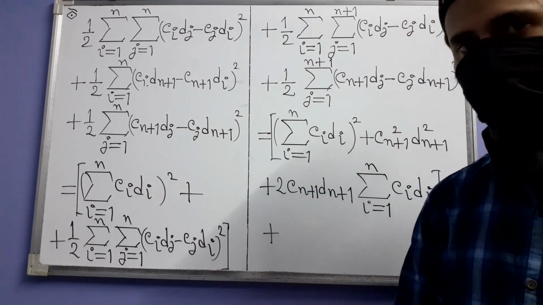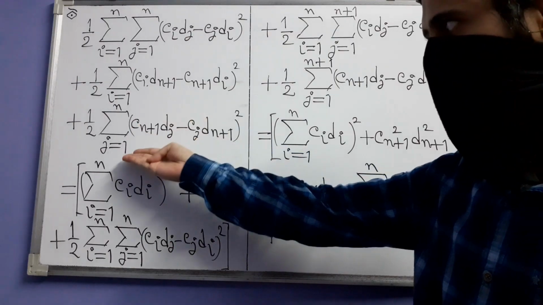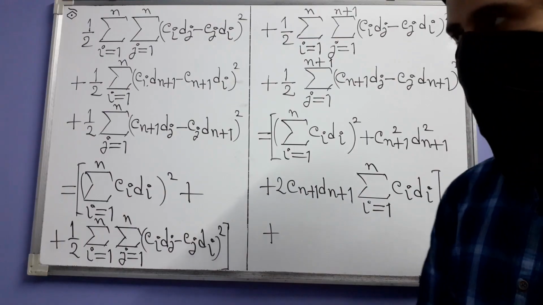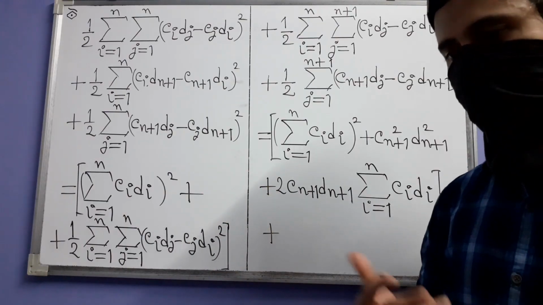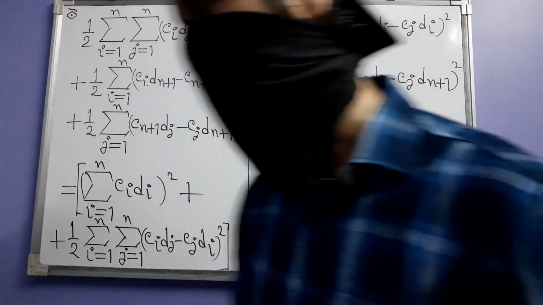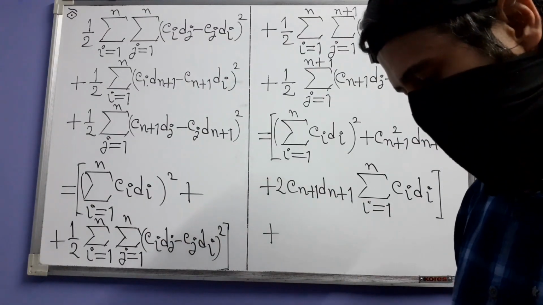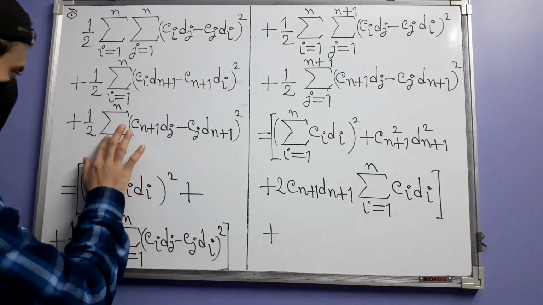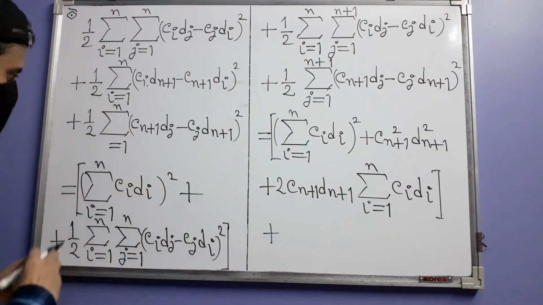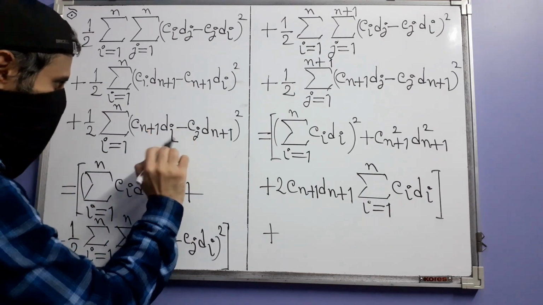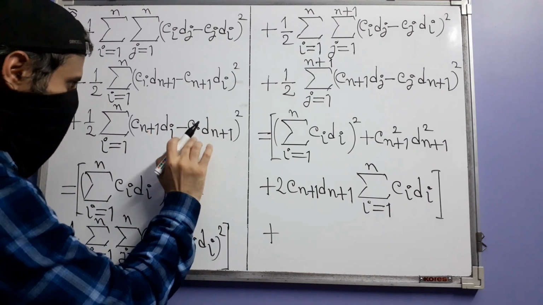Yes, that's not a big problem because the index in a summation is after all a dummy variable. It doesn't matter whether you call it i, j or by some other name. So let me first do that. Okay, so I change j to i. Here also in place of j I have i.